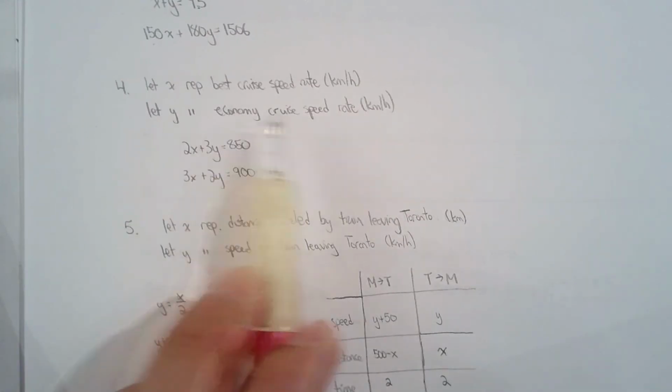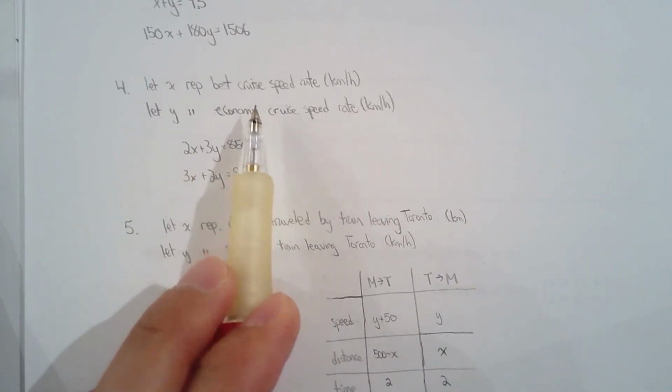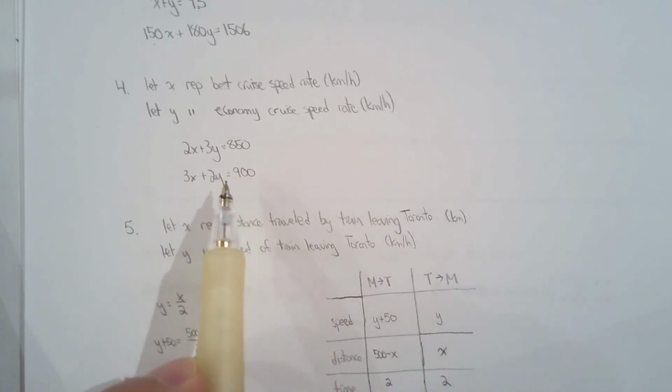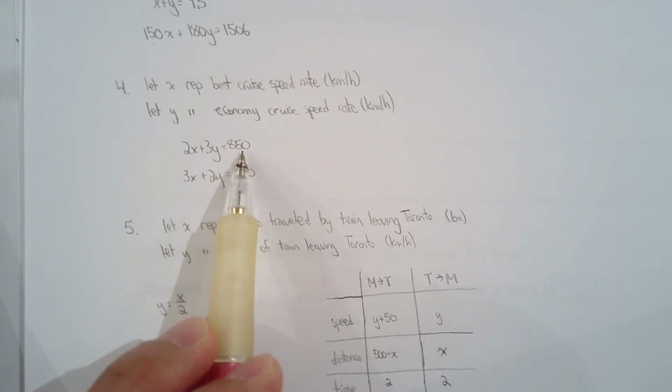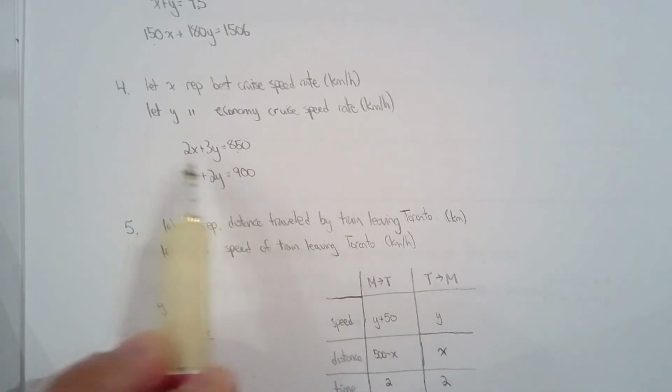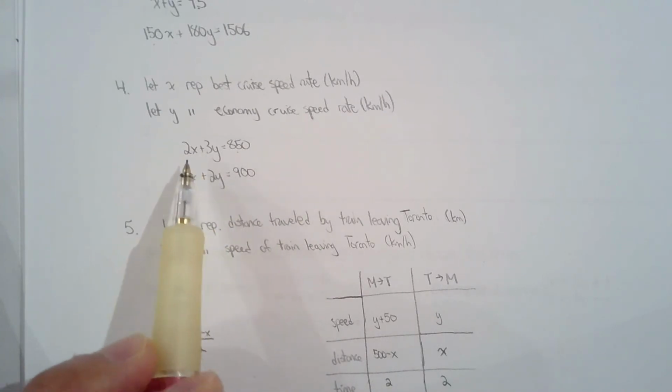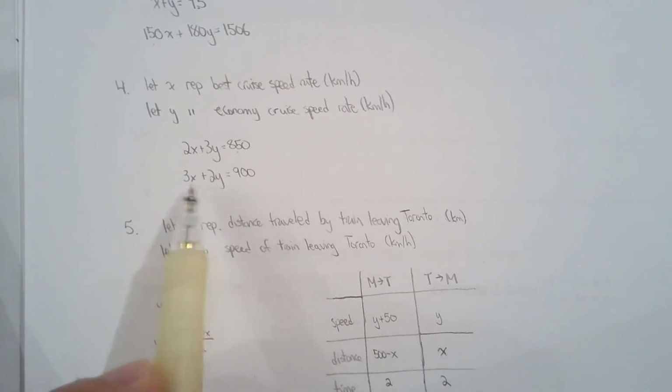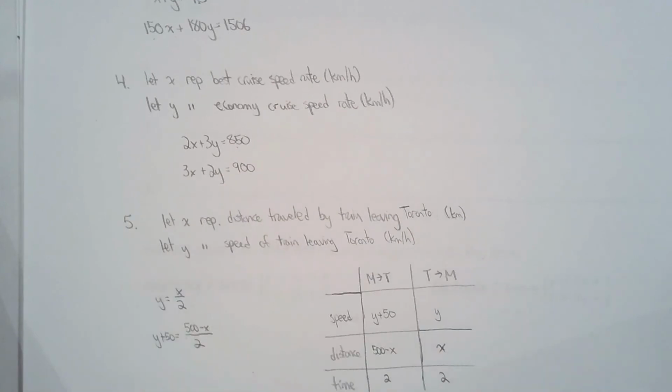Then you have two rates. You have the plane going at a faster rate and the plane going at a slower rate. So the total distance is 850 at this combination of time at each rate, and then there's a different combination which is covering 900 kilometers.